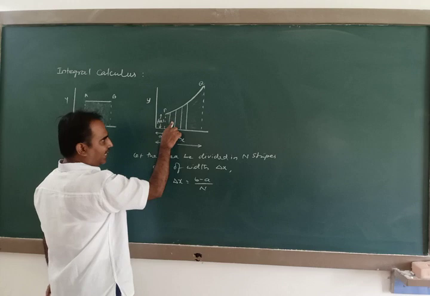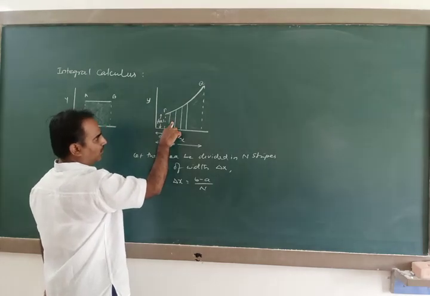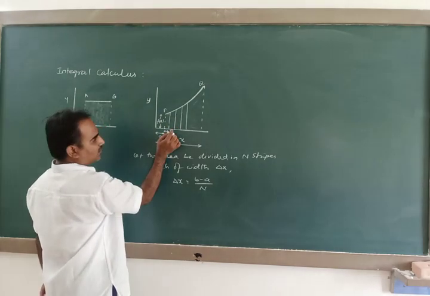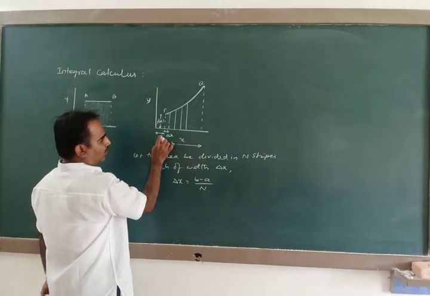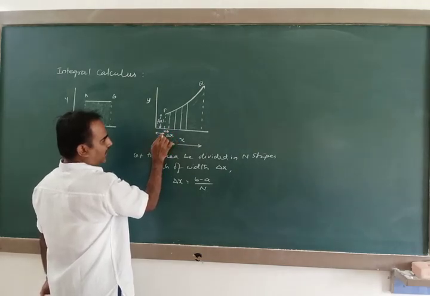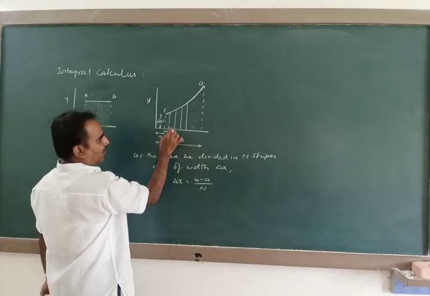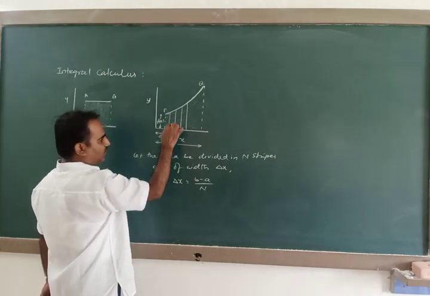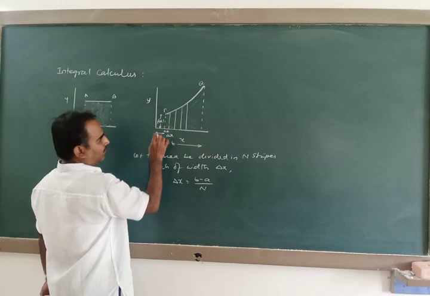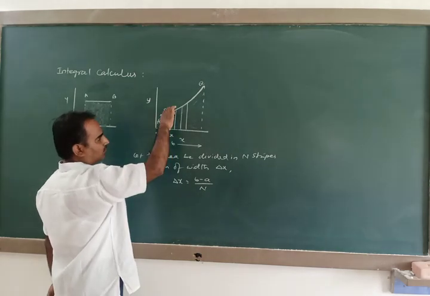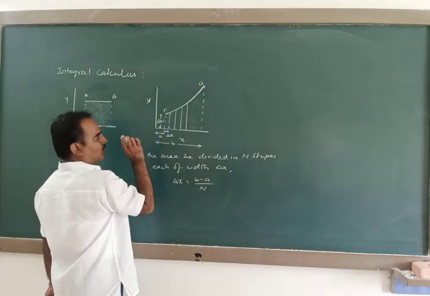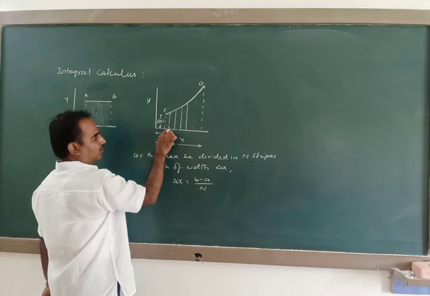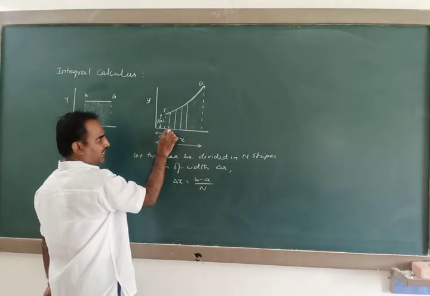Similarly, the area of the next strip is, so this is a plus delta x, and the area of this strip is again this height plus this length here. So this becomes a point a plus delta x.